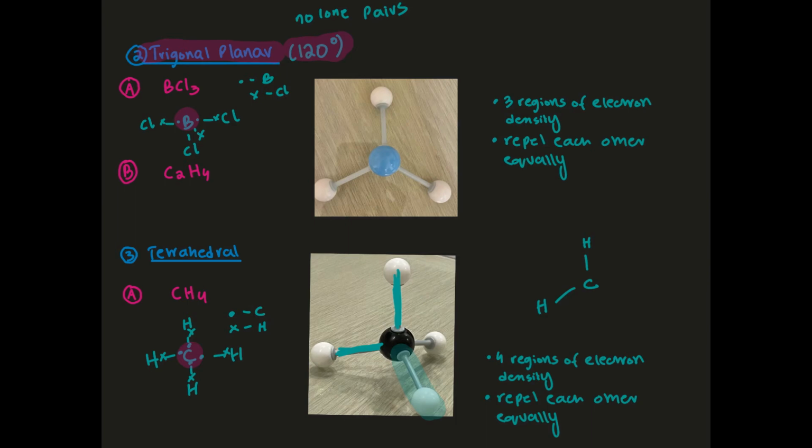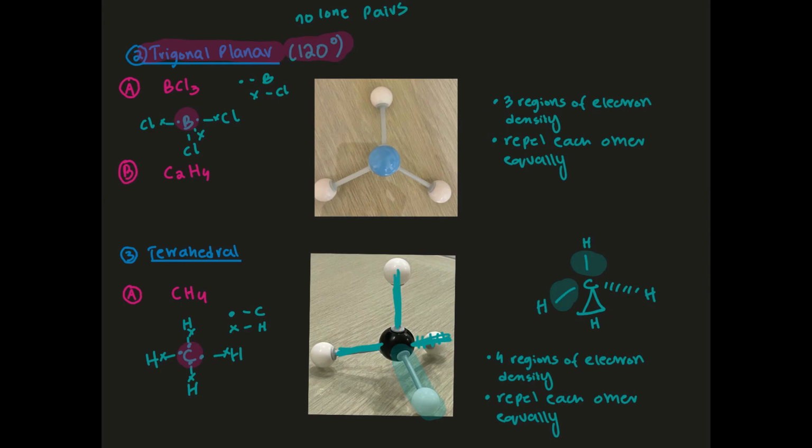So because of that, you're going to make a wedge. And since this is going away from the camera, you're going to make a dotted bond. So this is normally how you make the 3D bonding of tetrahedral structures. So 2 adjacent bonds are going to be straight, and the remaining 2 are going to be a wedge and a dotted bond.